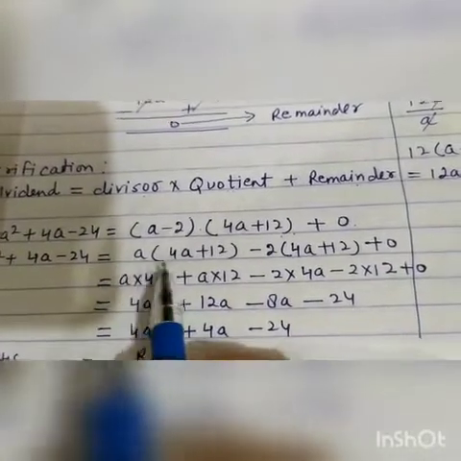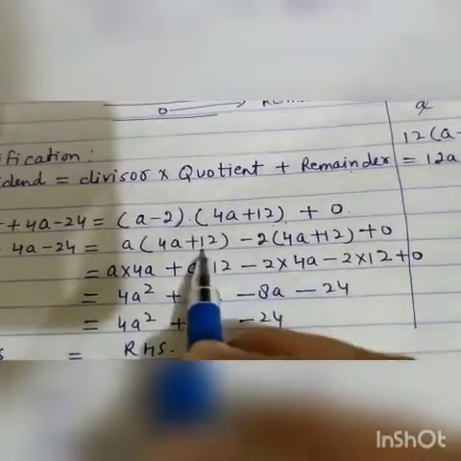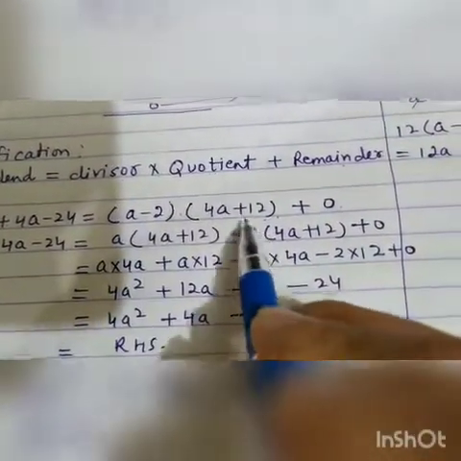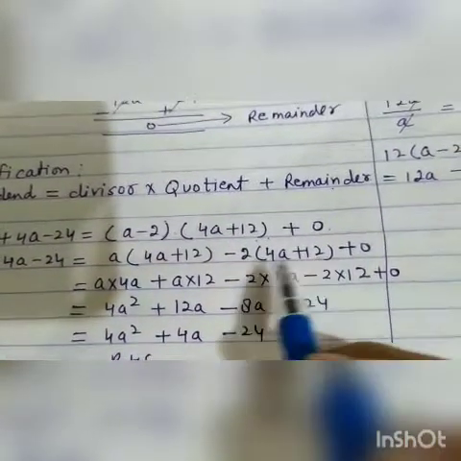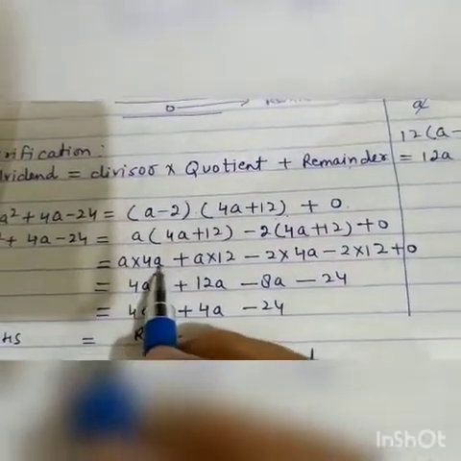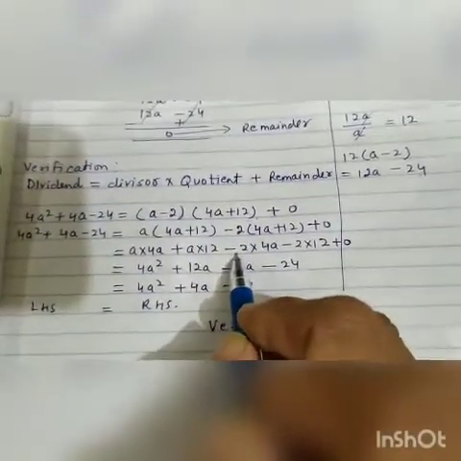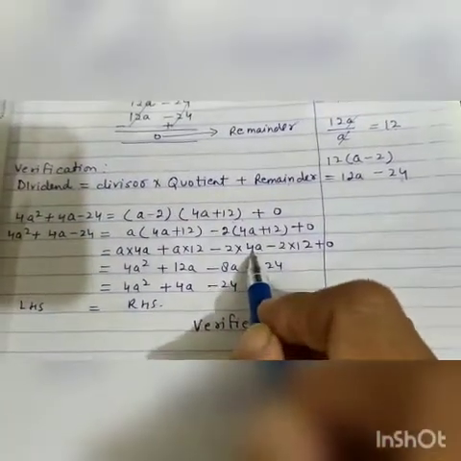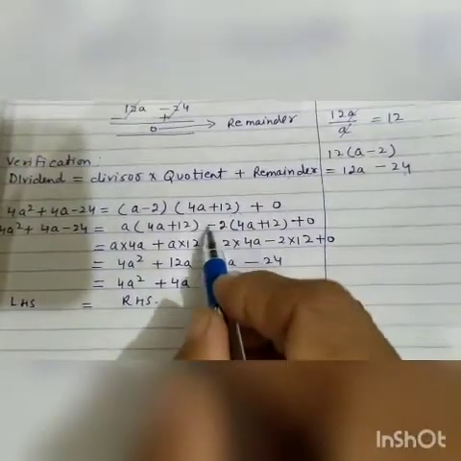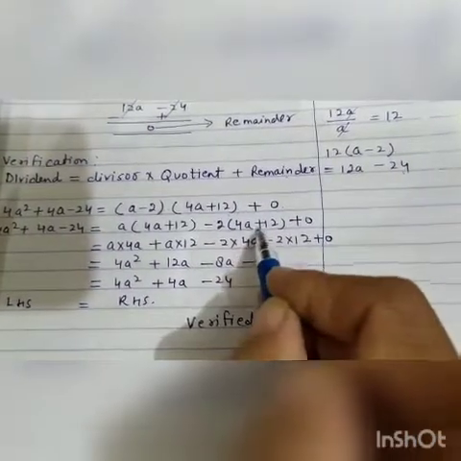A multiply by 4a plus 12, minus 2 multiply by 4a plus 12. So a multiply by 4a, plus a multiply by 12, minus 2 multiply by 4a, minus, out of this bracket there is a minus sign, so this sign will change.